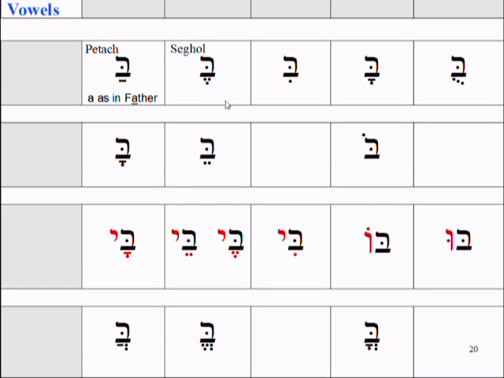The next one is called segol. It's these 3 dots. A good way to remember it is, if a bird, a seagull, was flying, there's its head, and there's its 2 wings kind of above it. Anyway, that was the way I remembered it.